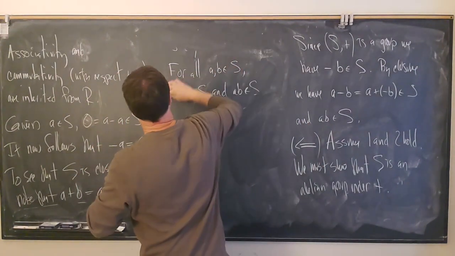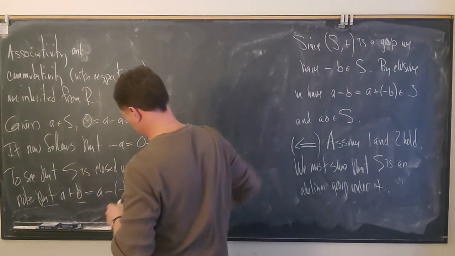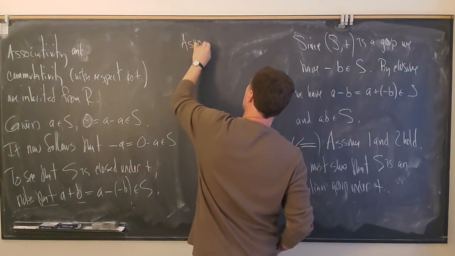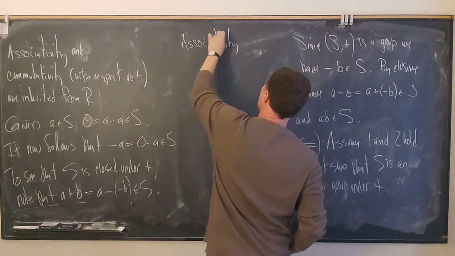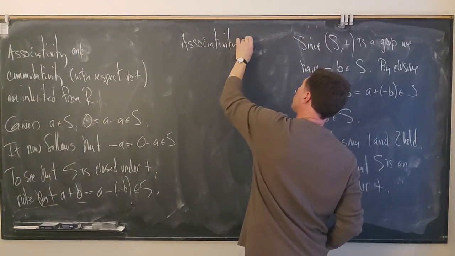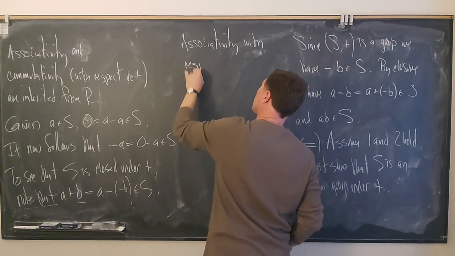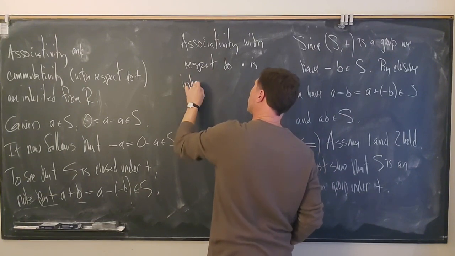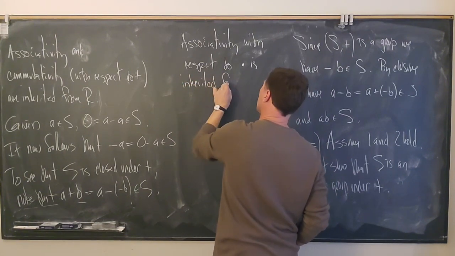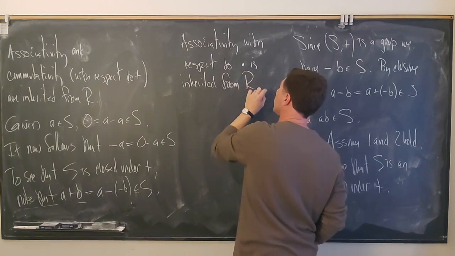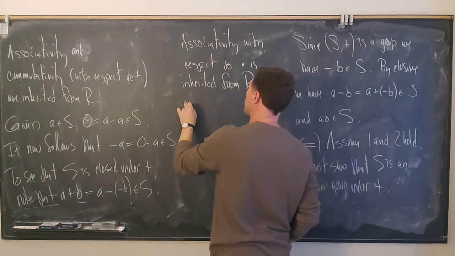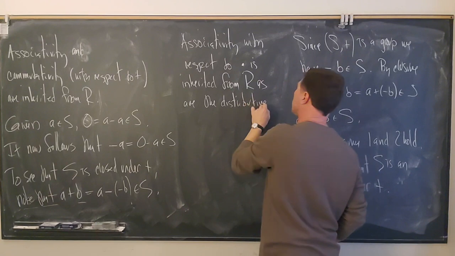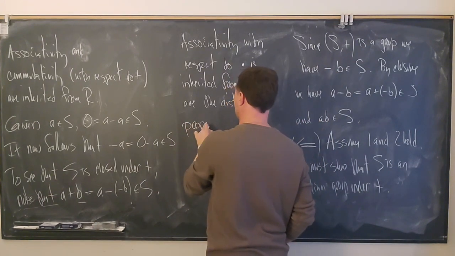Okay, so then the last thing now, associativity with respect to multiplication is inherited from R, as are the distributive properties.